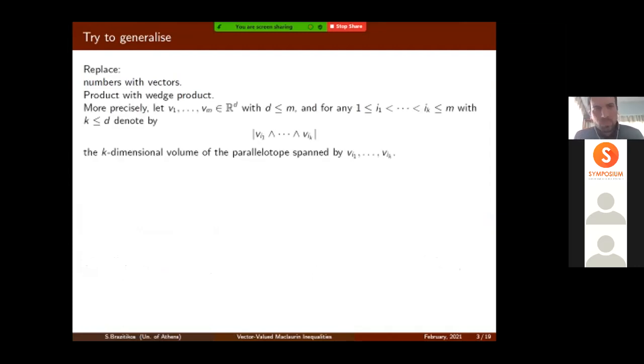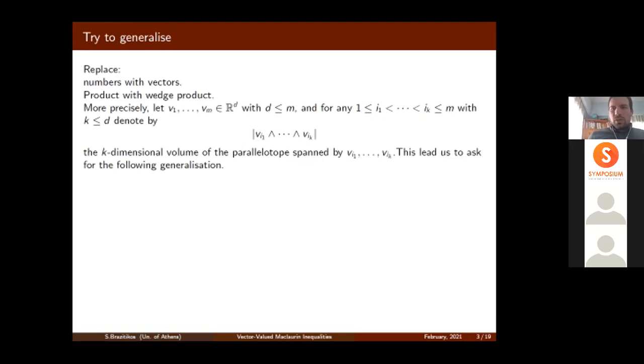If we have m vectors in R^d, then for any k of them with k smaller than or equal to d, we denote by the absolute value of the wedge product of these k vectors the k-dimensional volume of the parallelogram spanned by v_{i1} up to v_{ik}.